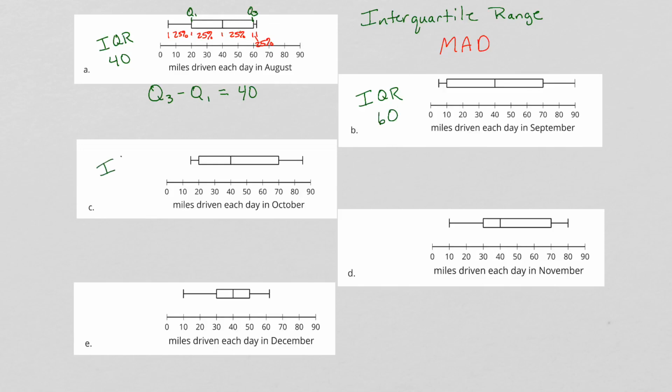For this data here is 70 minus 20, or 50. Here we have 70 minus 30. So our interquartile range is 40. And our last example, our interquartile range is 50 minus 30, so it will be 20.